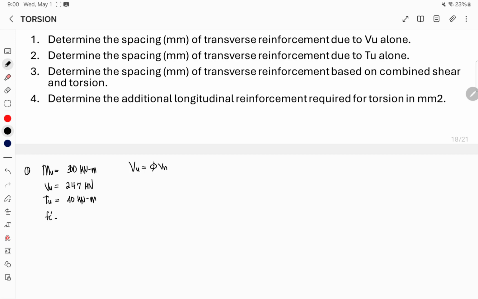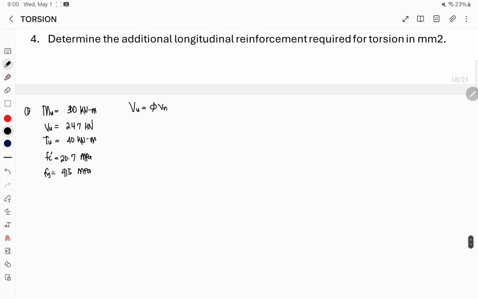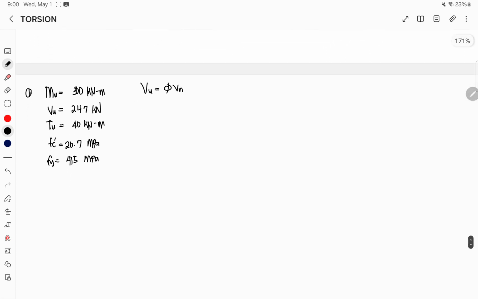For f'c we have 20.7 MPa, and for fy we have 415 MPa. For number 1, we need to find the spacing S for Vu alone.